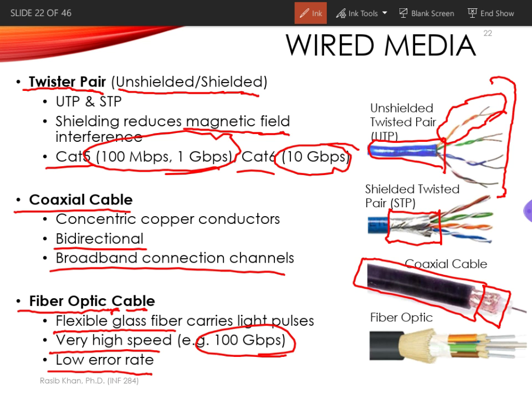So it has a very low error rate and therefore is more reliable. And given the very high speed, it is common to see fiber optics connecting high capacity endpoints. For example, when you're connecting two large campuses, or using the institutional access network to connect your institution to the internet backbone.